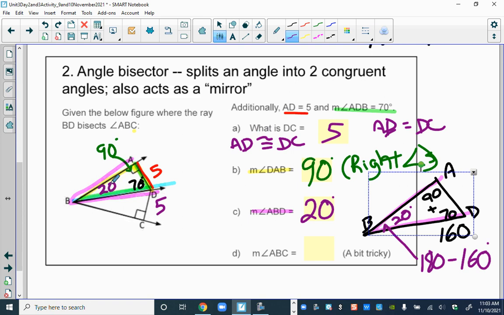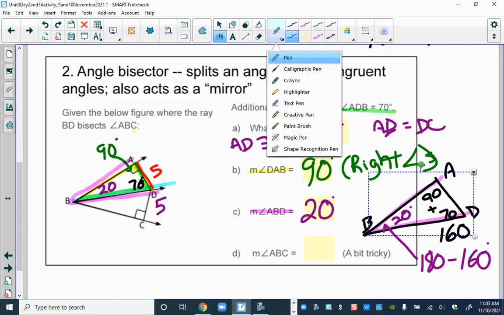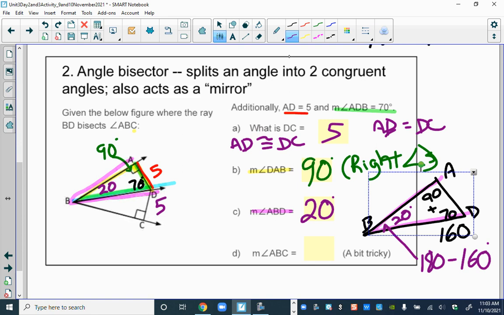Now, here's a bonus. The last one says, what's the angle of ABC? They want ABC.